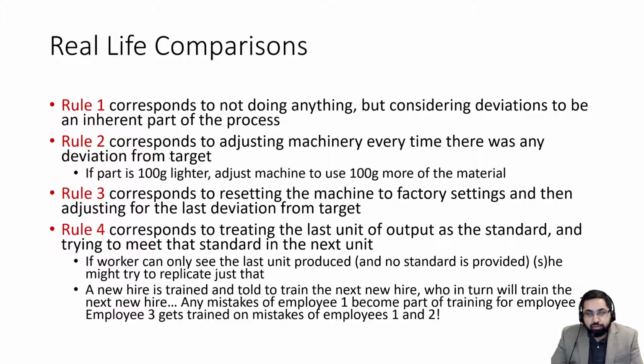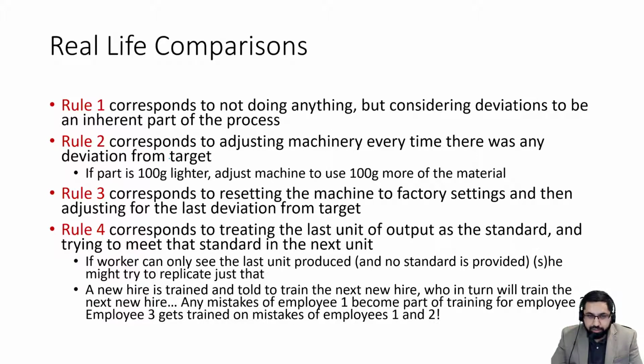An example of rule 2 would be if you're filling bags of some material, let's say you're filling coffee into bags or something. If the bag is 100 grams lighter, you try to adjust the machine to use 100 grams more per bag. So that's rule 2.